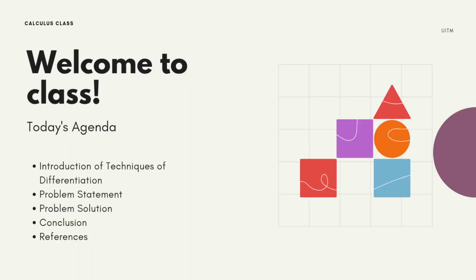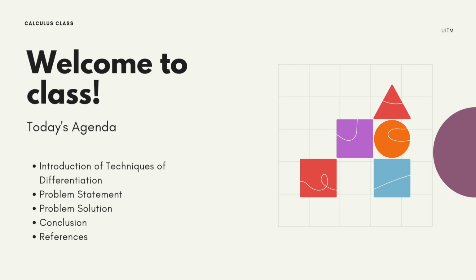Hello everyone, welcome to our video on one of the most important topics in calculus, which is techniques of differentiation. Differentiation is the process of finding the rate at which a function changes. It's a fundamental concept used to understand slope, motion, growth, and many real-world applications.